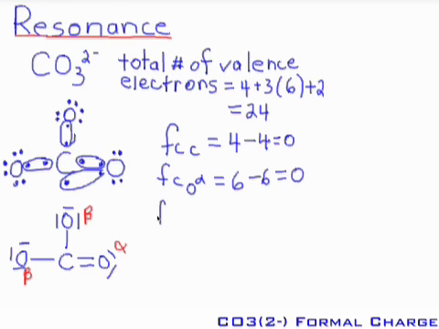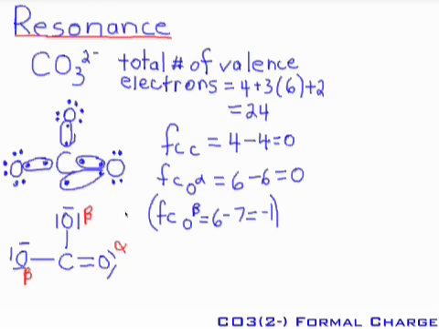Now the formal charge of oxygen beta. Again, we have 6 valence electrons, and we need to subtract how many electrons around each atom. Oxygen beta has 2, 4, 6 electrons in lone pairs and gets 1 electron from its bond for a total of 7. 6 minus 7 equals -1. Now there's 2 of them, of course.